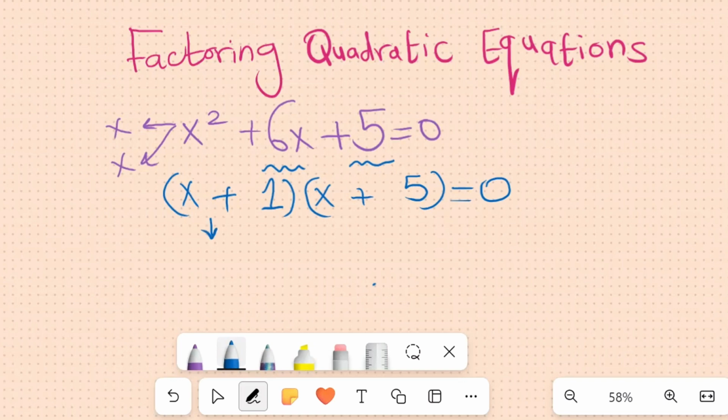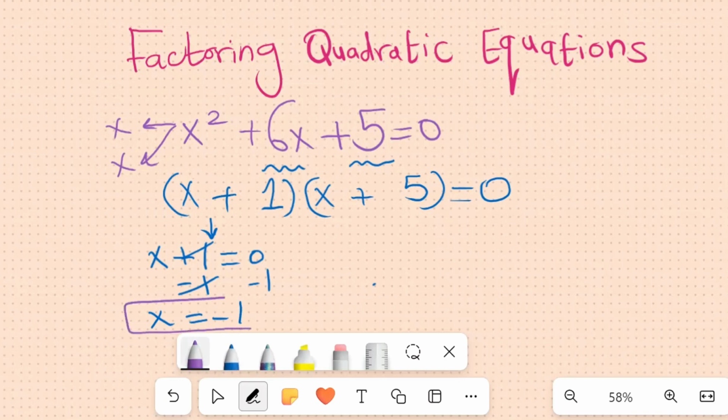Now we're going to solve the first bracket. X plus 1 equals 0. We're going to move the 1 to the other side by doing the opposite operation. Minus 1 here, minus 1 there. X equals negative 1. And this is the first value for x.